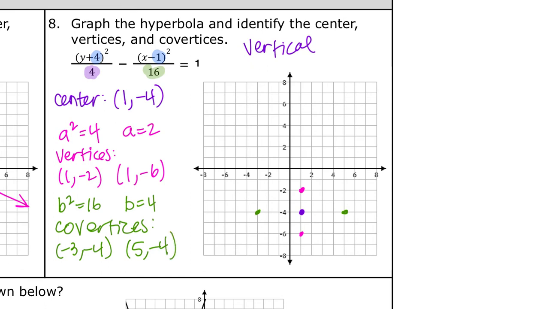Okay, and then we already established that this one is a vertical hyperbola. So at the vertex, it needs to make parabola shapes at each vertex. That's what it would look like.